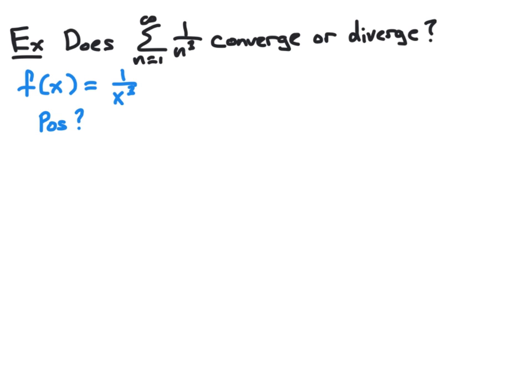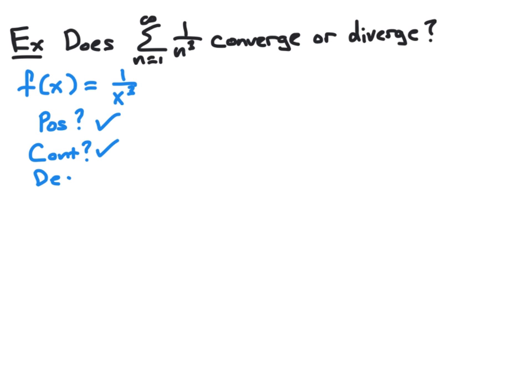Since this interval consists only of positive numbers, 1 over the cube of a positive number will always be positive, and so f of x is positive on the required interval. Next, we need to determine whether it's continuous from 1 to infinity. We notice that this is a rational function that is defined everywhere except x equals 0, and therefore the function is continuous everywhere except x equals 0, and in particular on the interval from 1 to infinity.